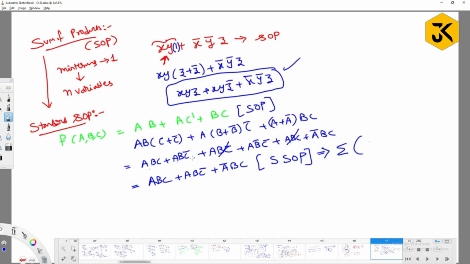Here I missed one term, A B bar C bar. You have to write one more term: ABC bar, A bar BC, and A B bar C bar.